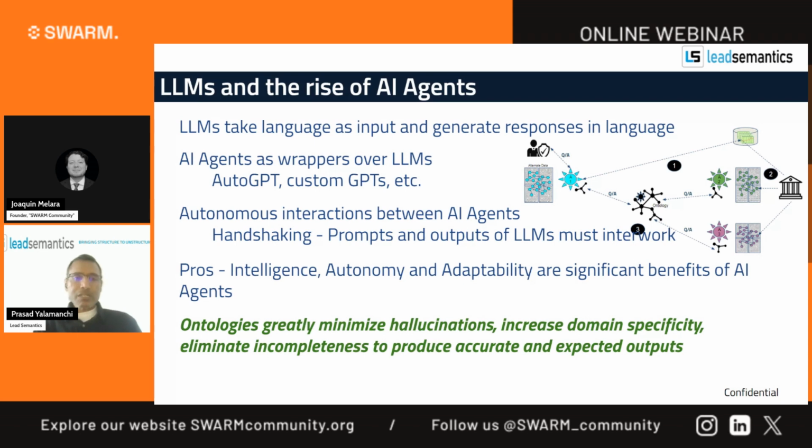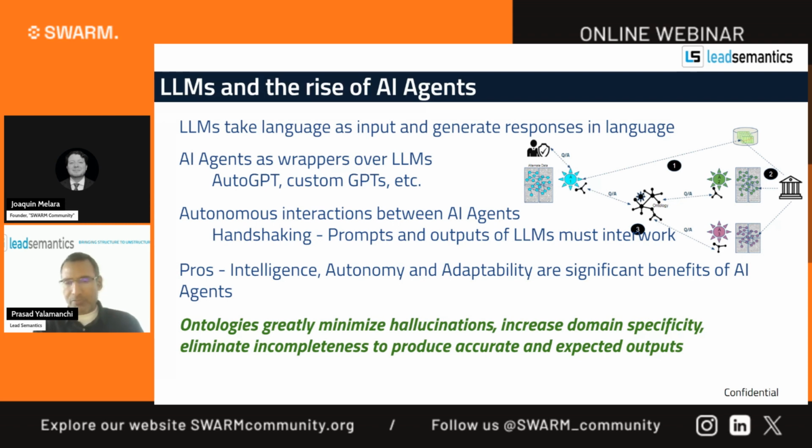And ontologies on top of it minimize the so-called downsides of LLMs. They minimize hallucinations, and so again, it will enhance the power of each input and output that is going through these AI agents. They increase the domain specificity. So ultimately, when we accomplish a business goal, it would have to be one way or another pertaining to a specific domain.